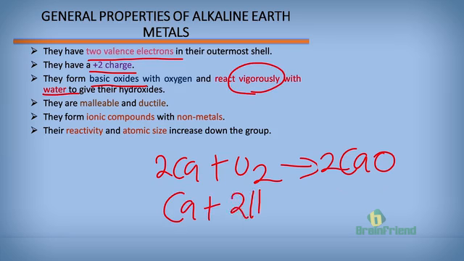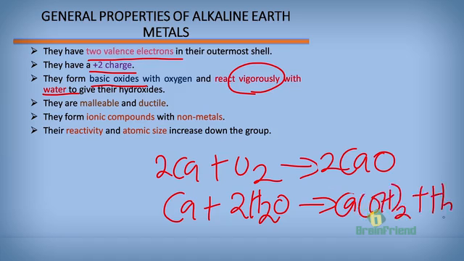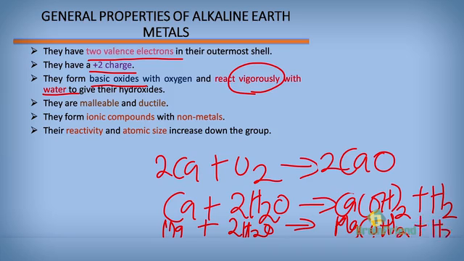So calcium will react with 2 molecules of water to give calcium hydroxide and hydrogen. Magnesium as well, which is also a member of this group. Any member of the group we pick here would give the same result with water. So magnesium will also give us magnesium hydroxide. So they form hydroxides with water and form oxides with oxygen.